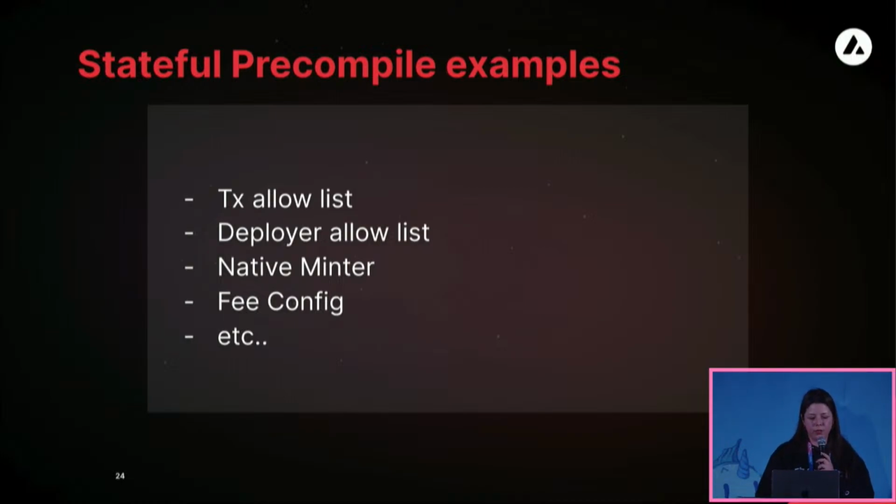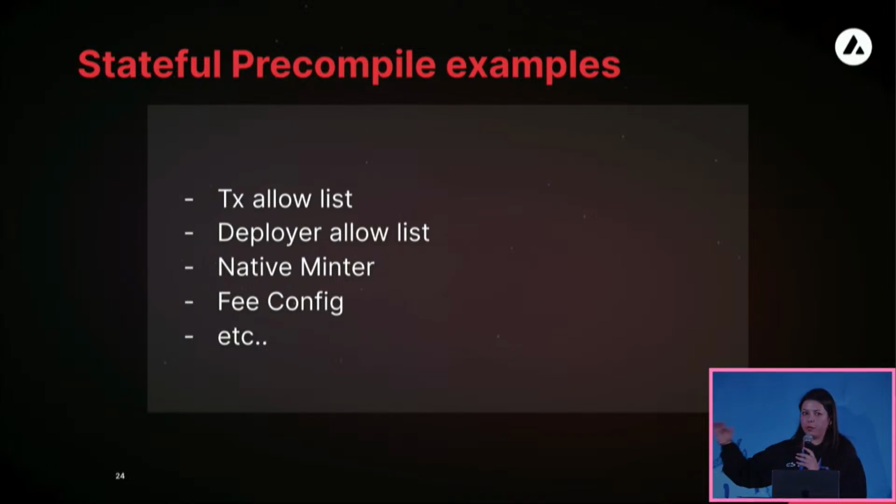Also, another thing that you can do is creating a smart contract or a precompile that handles all the fee configuration. And this is great, for instance, when you want to, let's say, reduce the gas price that you are paying, the minimum gas price on each transaction.